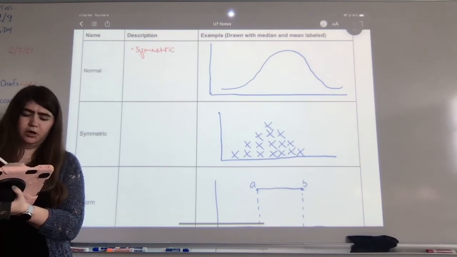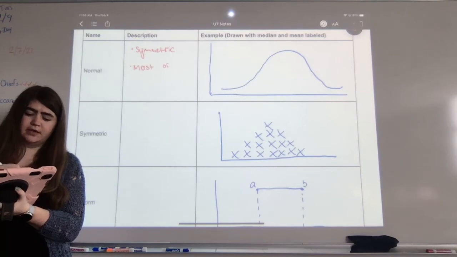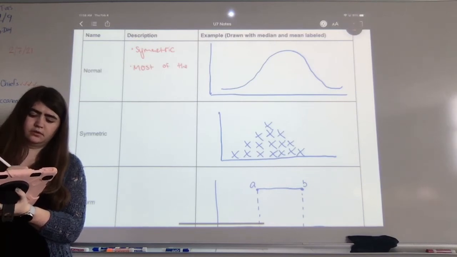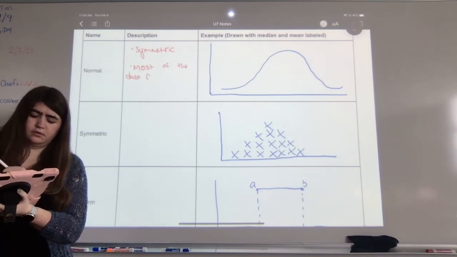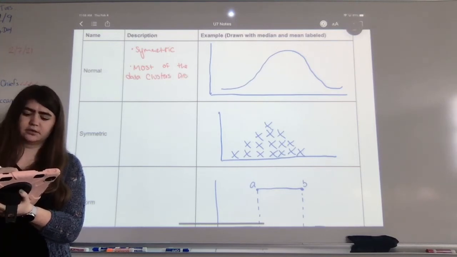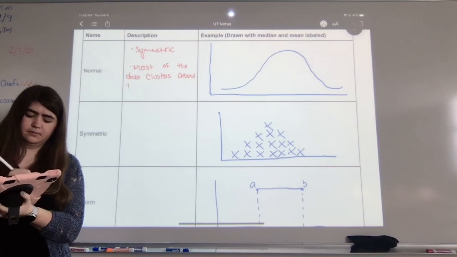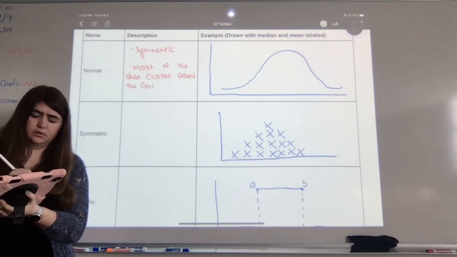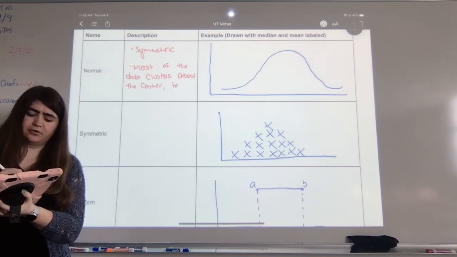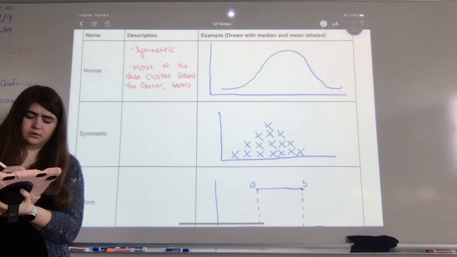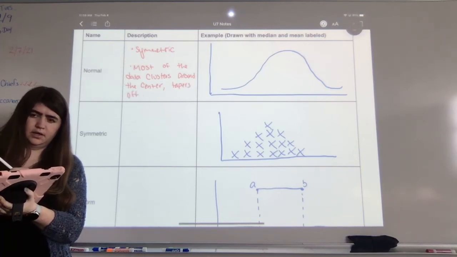And most of the data clusters around the center. And then it tapers off on the ends.